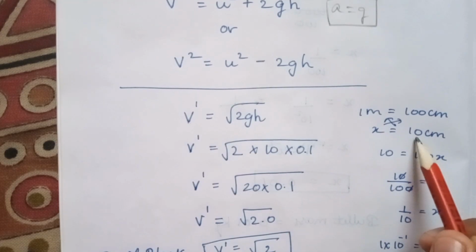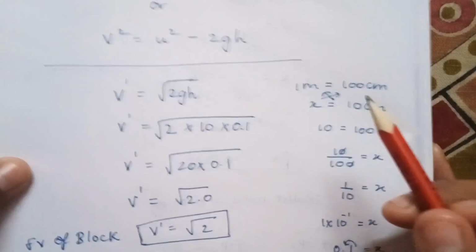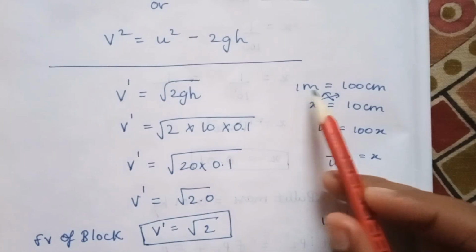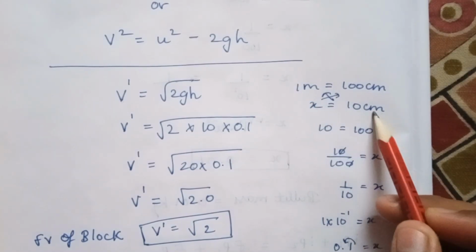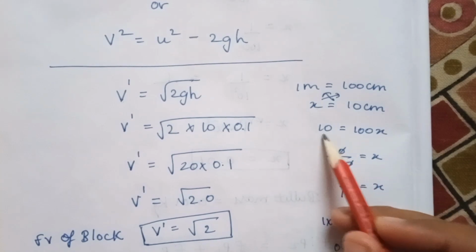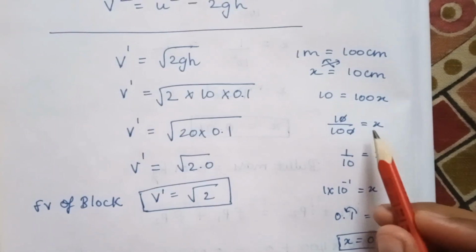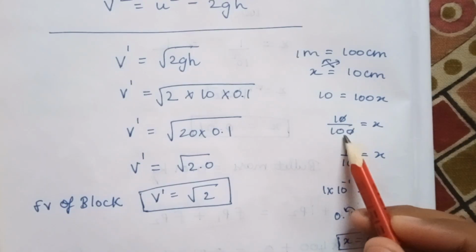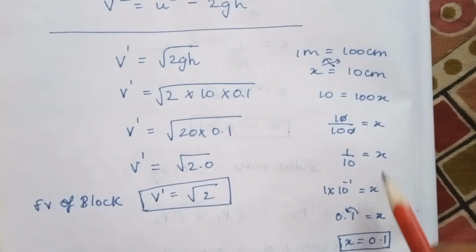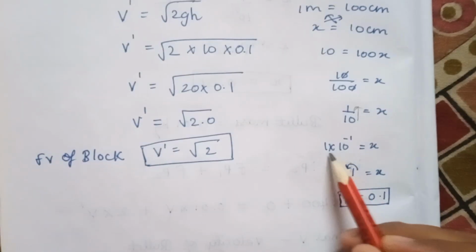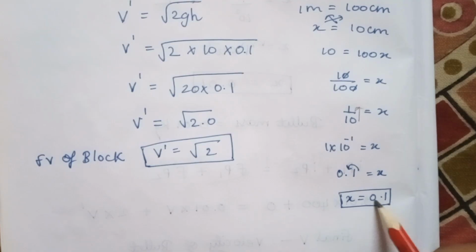They have given the height in centimeters, so we convert it into meters. 1 meter is equal to 100 centimeters. So how many meters is 10 centimeters? Cross multiply, 10 is equal to 100x, so x is 10 divided by 100, which is 1 divided by 10, or 0.1.